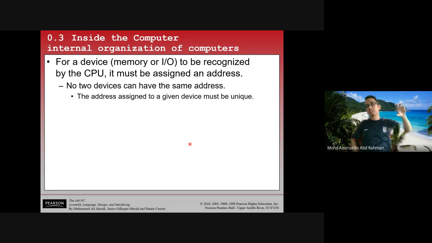And then let's say your house is one in Putrajaya and the other one in Cyberjaya. It must have the specific address. So assume that the UPM campus is like the CPU, your house at Putrajaya is like the memory, and the input output device is like your house at Cyberjaya.